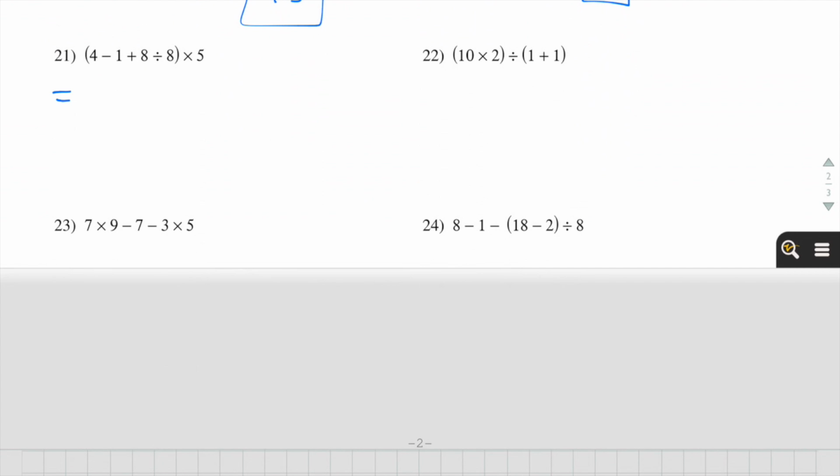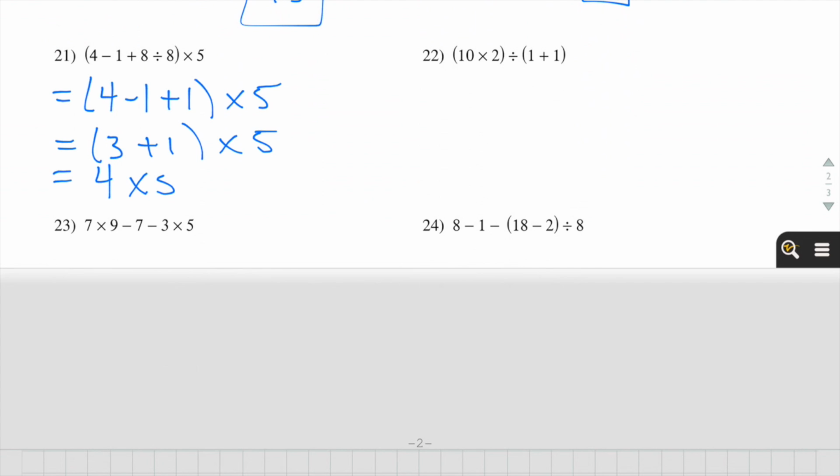We get 4 minus 1 plus 8 divided by 8 is 1, times 5. Do all the operations in the parentheses. 4 minus 1 ends up giving us 3 plus 1, times 5. 3 plus 1 gives us 4 times 5. We end up getting 20.